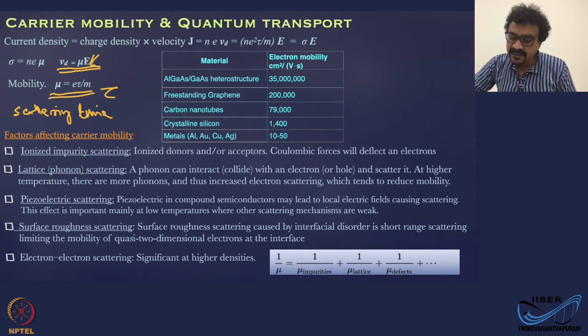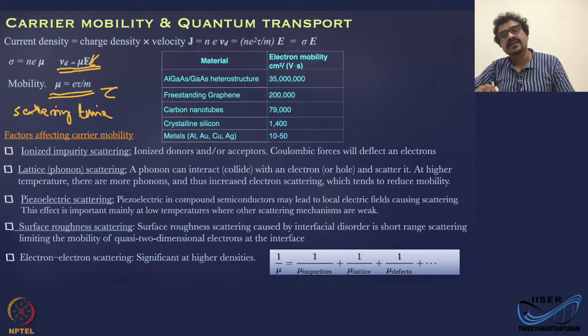And this table here summarizes the best mobility values that have been observed for various systems. The two-dimensional electron gas system, aluminum gallium arsenide heterostructures, are the best so far, and they have close to a few tens of millions.